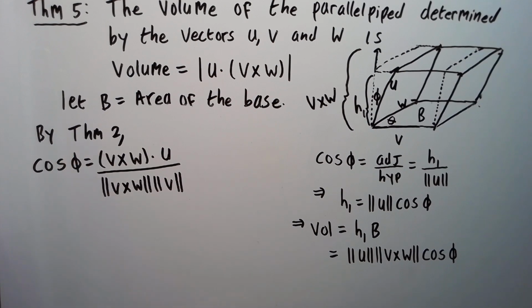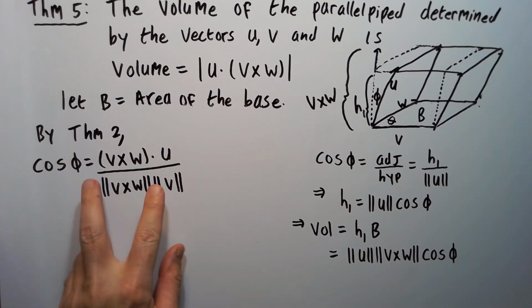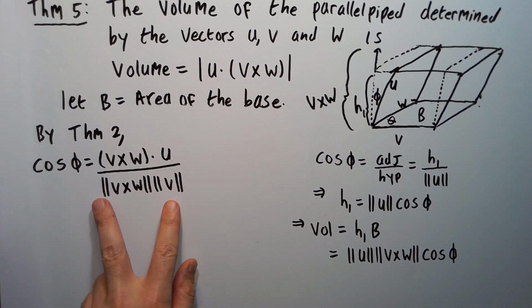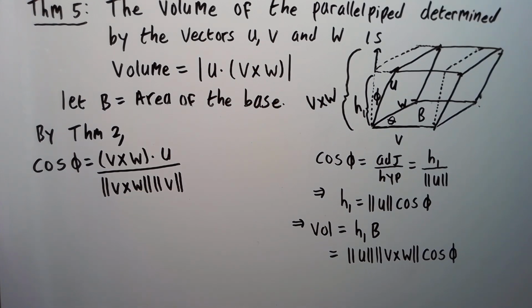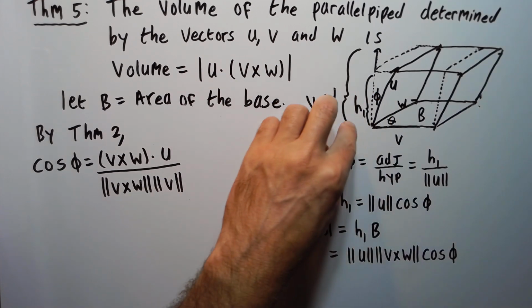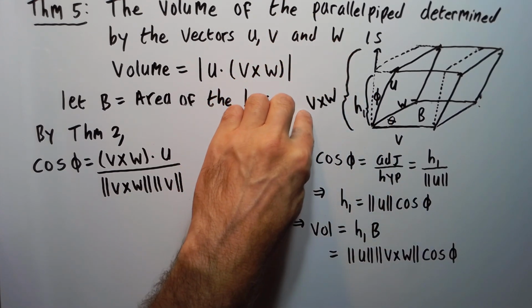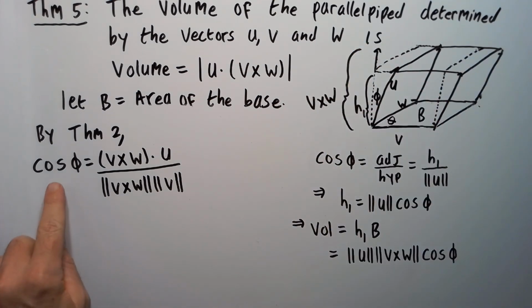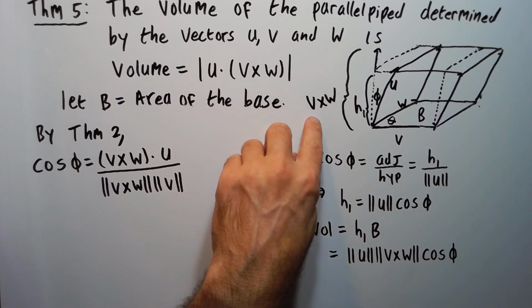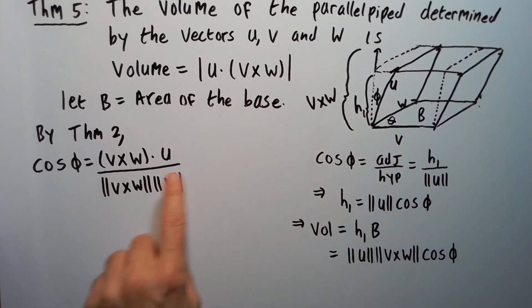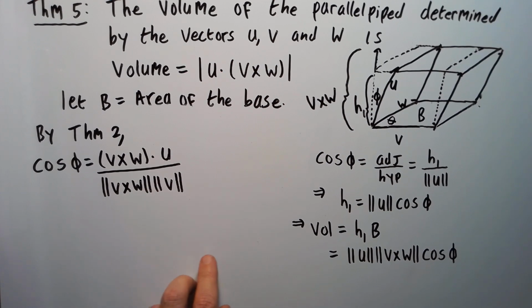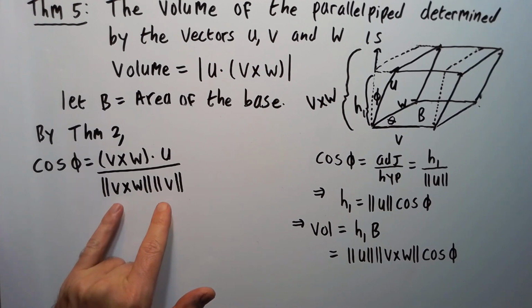So now I'm going to use Theorem 2. It says the cosine of phi equals the dot product of the two vectors divided by the magnitudes multiplied together of the two vectors. So our phi here is the angle between v cross w and u in our picture over here. So therefore cosine of phi would be v cross w dot u divided by magnitude of v cross w, magnitude of u.